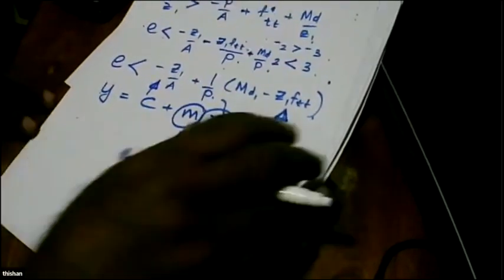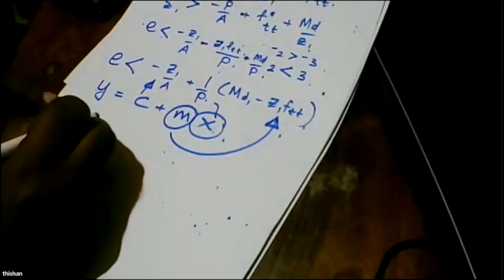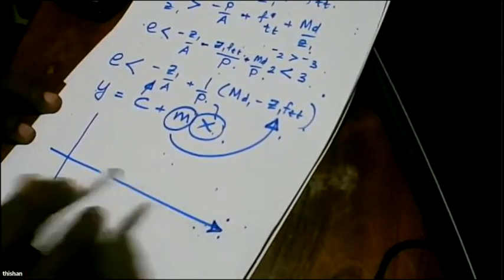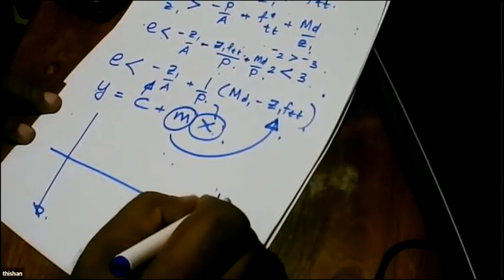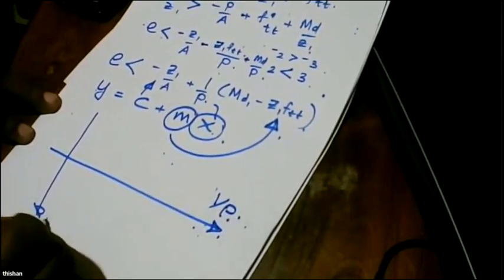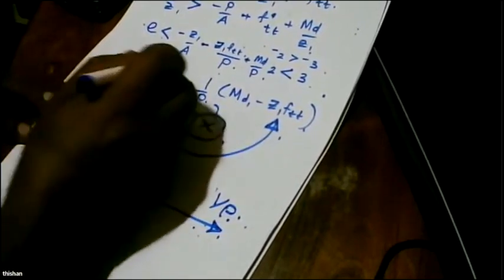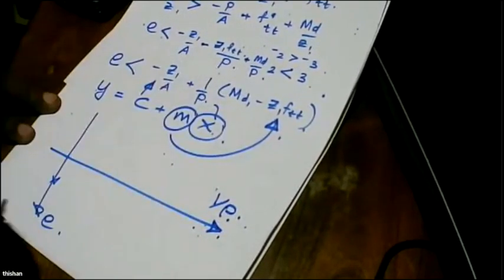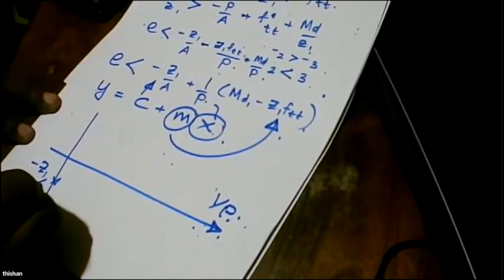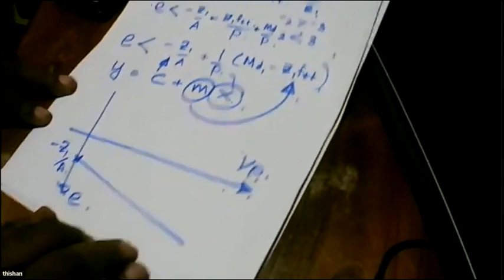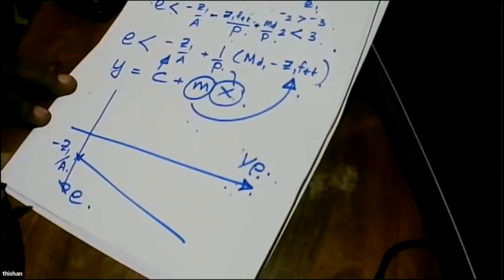If we draw a diagram with this as 1 over P and this as Z1 over A, minus Z1 over A is positive because Z1 is negative, we are going to get a line like this.